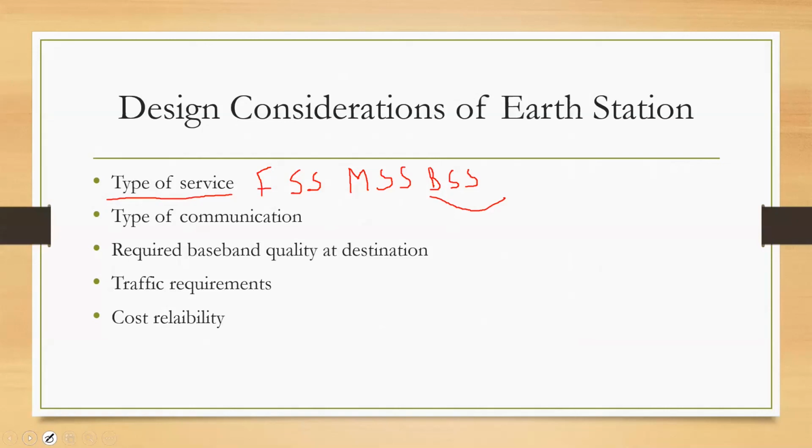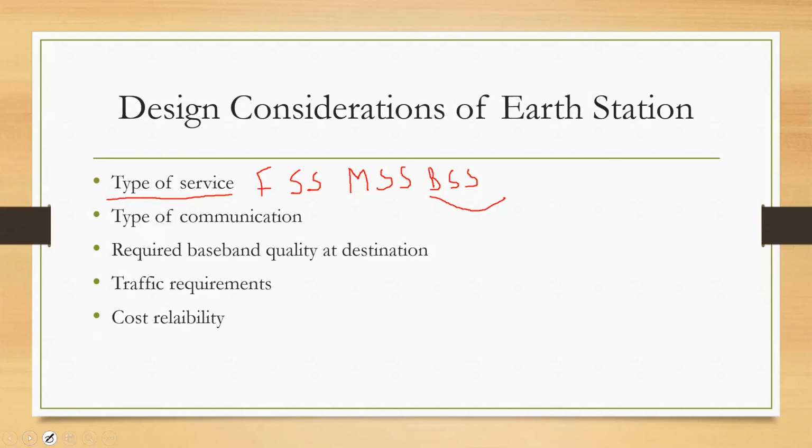The type of communication could be telephony, data, or video streaming, the information that you want to transmit. Then there is the required baseband quality, that is the signal to noise ratio, a high quality signal that you require, and the traffic requirement, that is the data rate it has to transmit, the cost and reliability of the system, and also the size, which is decided by G/T.